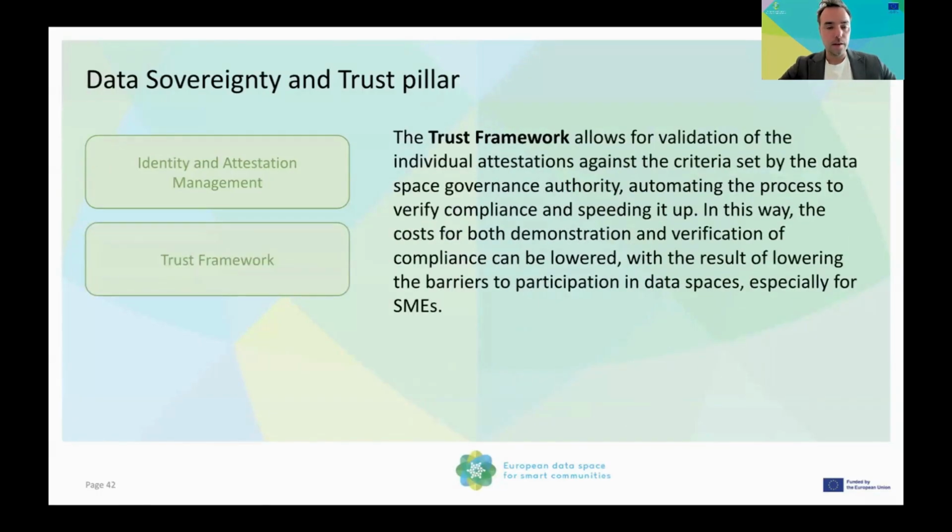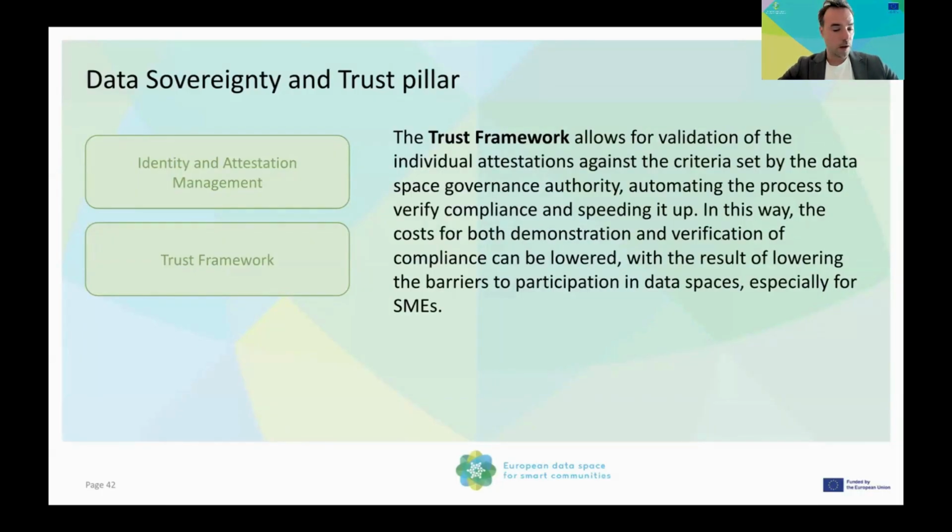Then the second building block here is the setting up of a trust framework. This is actually after any participant has been identified and it is proven that it's conforming to the conformity assessment scheme. There also needs to be a way to authorize and have different kinds of roles and capabilities defined for each of these data space actors.